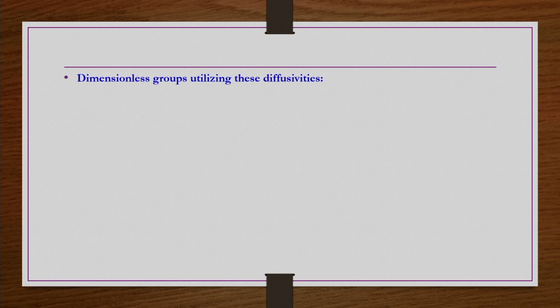So, what we do? We get dimensionless groups utilizing these diffusivities. What do we get?